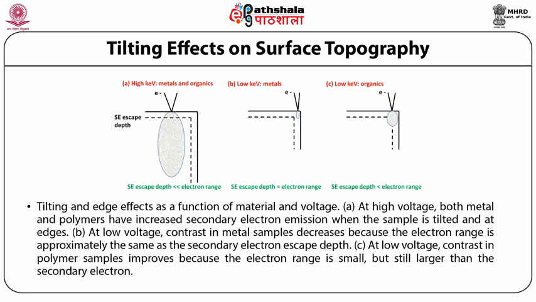Therefore, topographic contrast has the same origins as at high voltage. At low voltages, the topographic contrast is enhanced because the total interaction volume is smaller and closer to the surface. A schematic of this effect is shown in figure 4c.